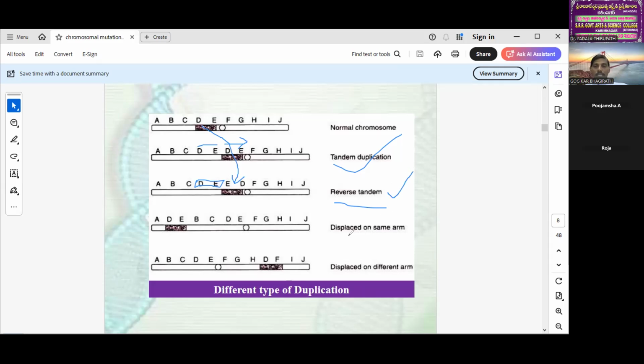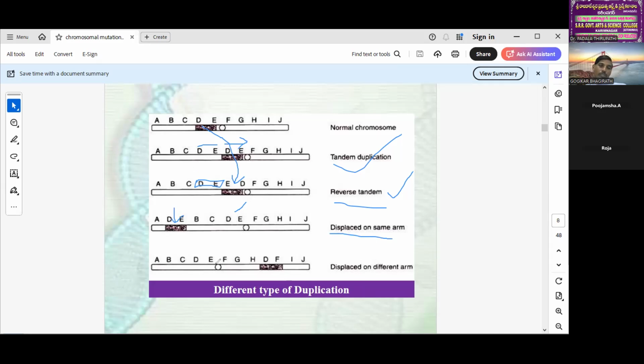Okay? Displaced on the same arm. Displaced and in a different position. D is here, so D is towards the left side of the centromere. The deleted part is also attached in the same arm, that is called displaced. Sometimes it is displaced on different arms also.